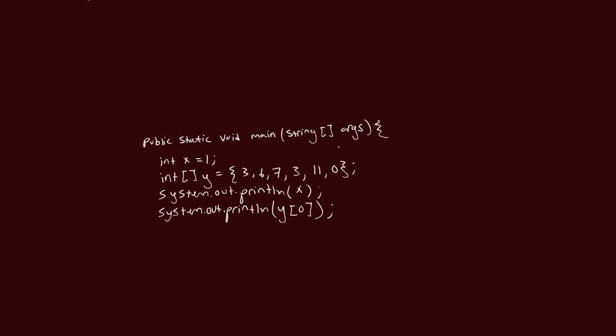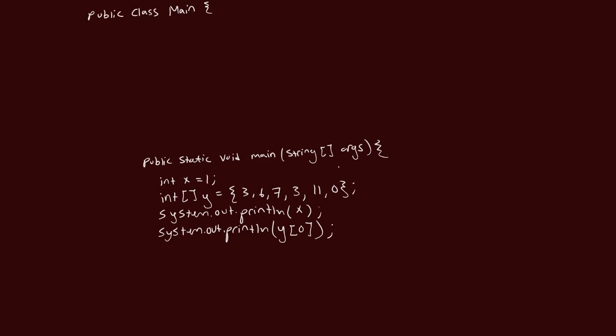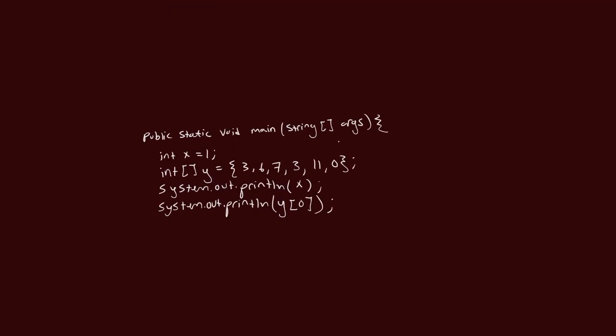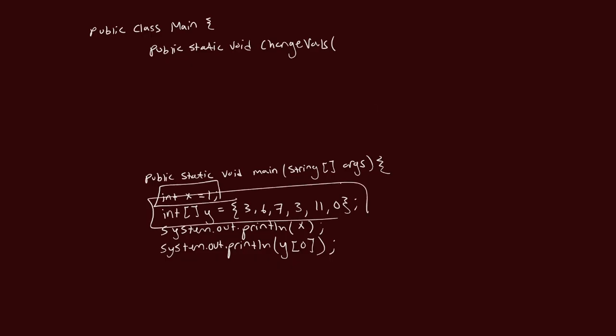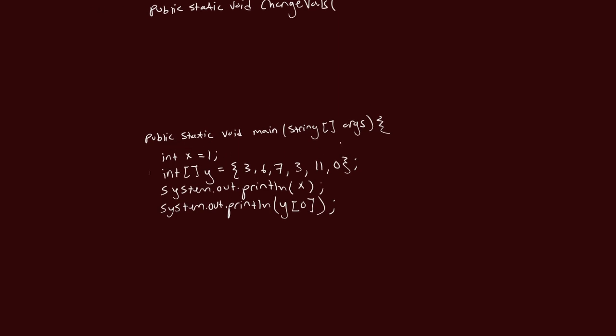Now I'm going to create a method which is going to be called change vals. Public static void change vals. It's going to contain two parameters: one parameter for my solo int x and one parameter for my integer array.